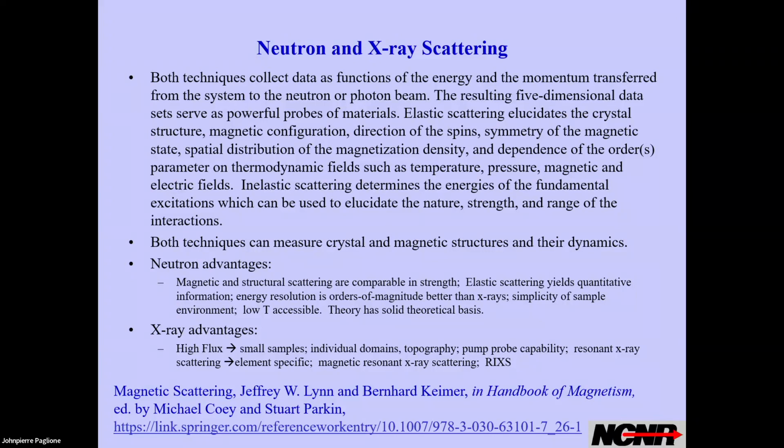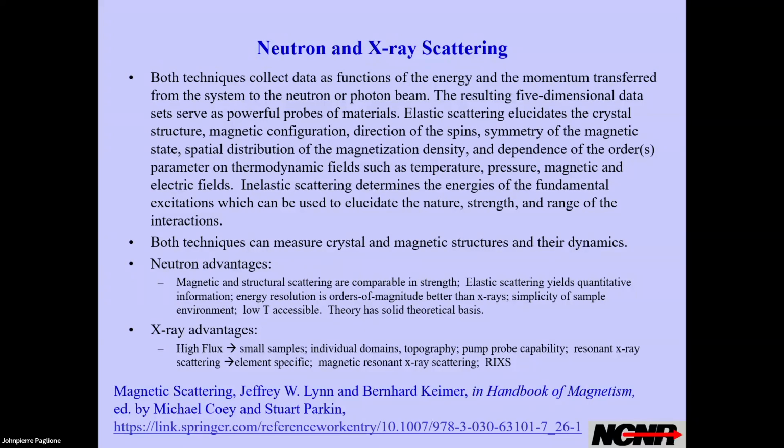Typically, energy resolution is orders of magnitude better than what you can get with X-rays. And that's just because neutrons are coming in at millivolts, X-rays are coming in at megavolts. So it makes it more difficult to get the accuracy, but you can do actually very nicely with X-rays up to a point.